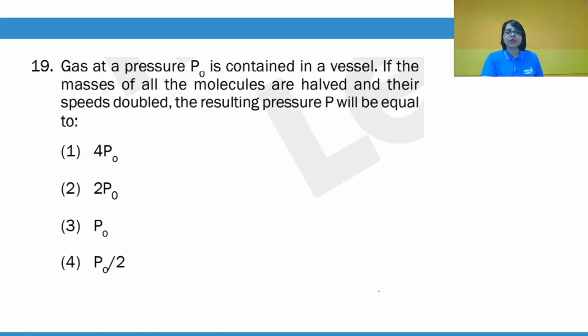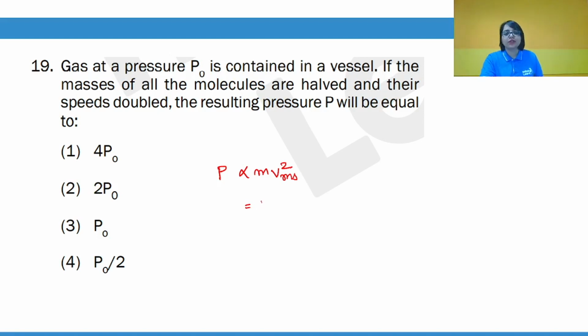Gas at a pressure P0 is contained in a vessel. If the masses of all the molecules are halved and their speeds are doubled, the resultant pressure P will be equal to? So pressure is directly proportional to m Vrms square.